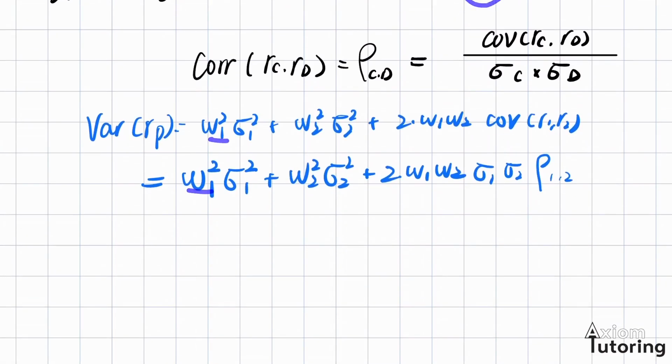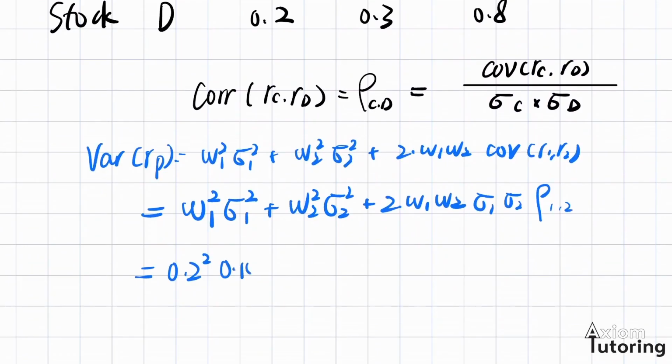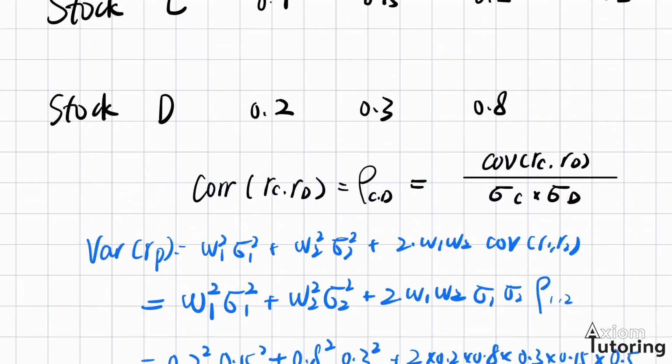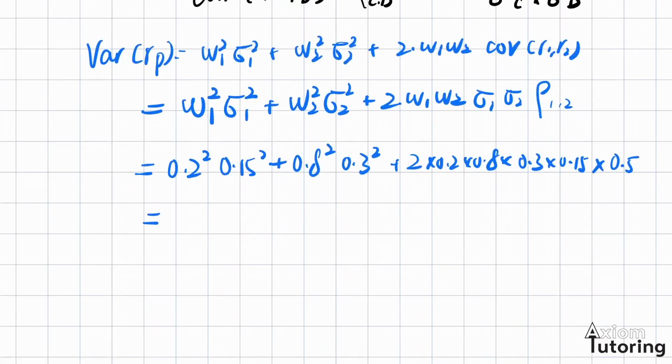So we'd have 0.2 squared, sigma 1 is 0.15, so 0.15 squared, plus 0.8 squared multiplied by 0.3 squared, plus 2 times 0.2, 0.8, and then 0.3, 0.15, and multiplied by 0.5, which is the correlation coefficient here.